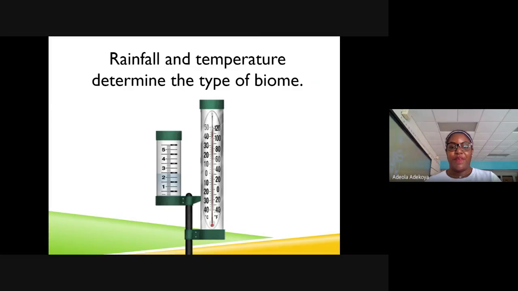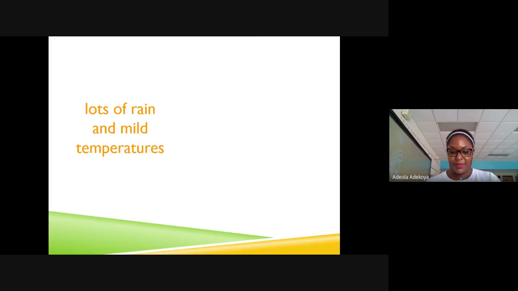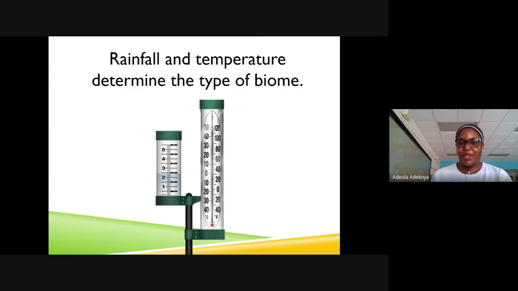All right, rainfall and temperature are factors that determine the type of biome. And I'd love for you to write that down as well. Temperature is how hot or how cold something is.